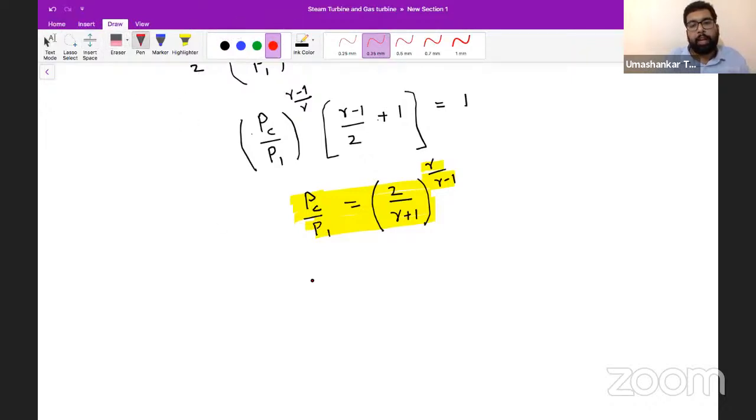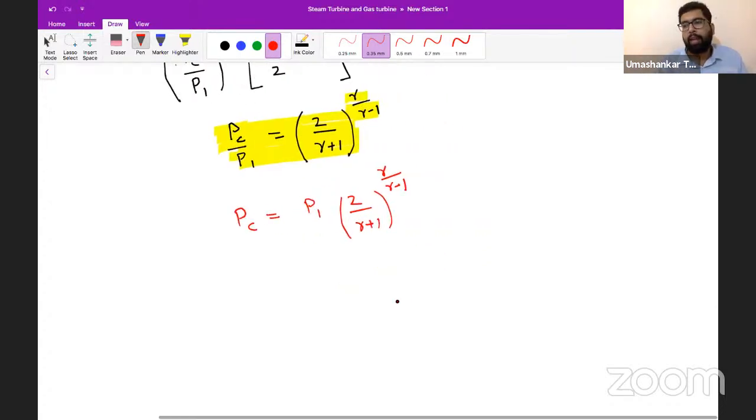So from here we can develop Pc is equal to P1 times (2 upon gamma plus 1) raised to the power gamma upon gamma minus 1. So now if we have the value of gamma, we can have the critical pressure provided we have the inlet pressure.